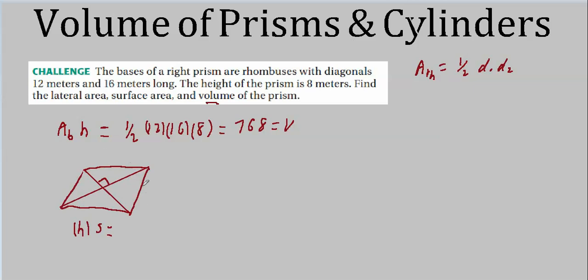So we need to figure out s. And from the properties of rhombuses, we can remember that the diagonals are perpendicular, although they don't look it in this drawing. Sorry, it's not a very good rhombus. And they bisect each other.